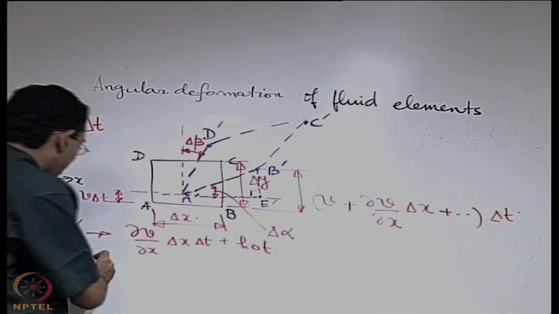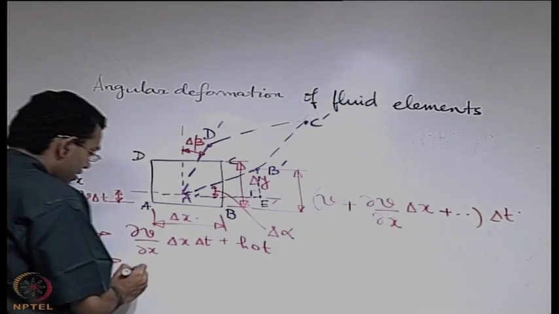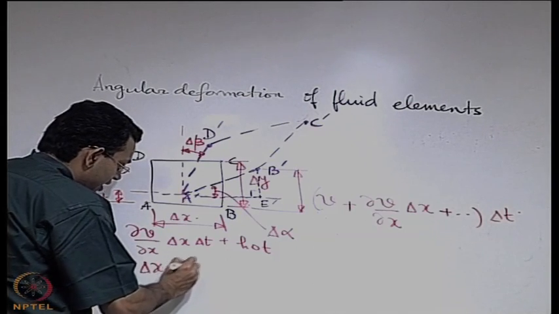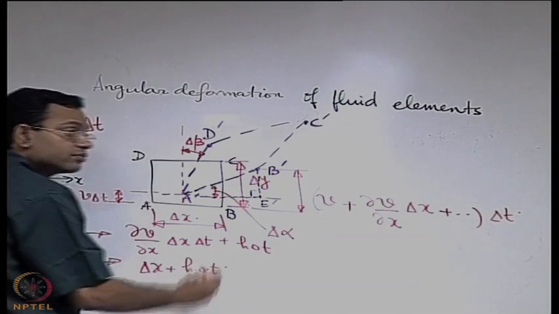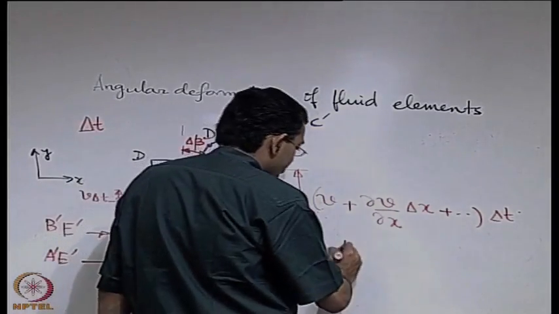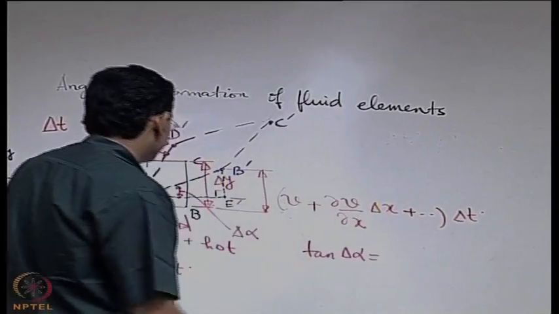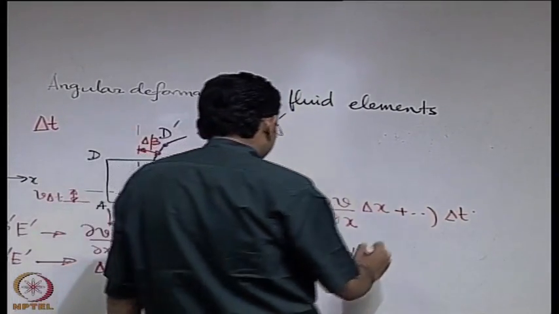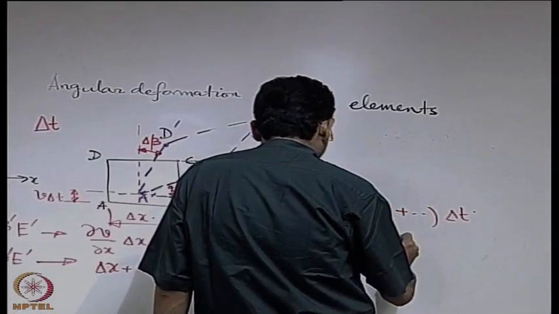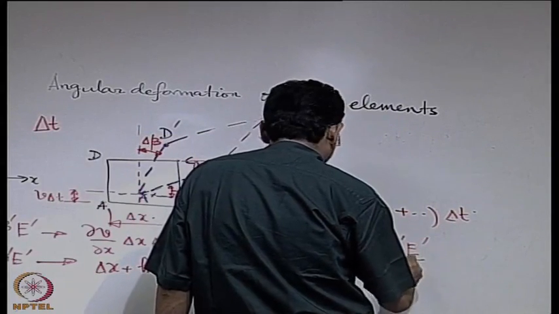We have figured out earlier what that is. If you go back to that, you will see that it is delta x plus some higher order term, that is the new length along x. So if you find out what is tan of delta alpha, then that is equal to B prime E prime by A prime E prime.